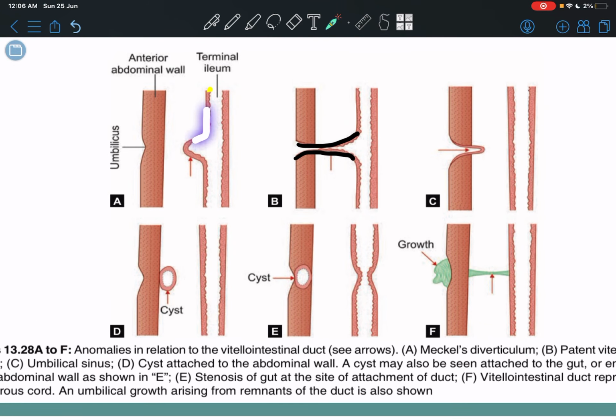It is a true diverticulum. In the sense that all the layers of the intestine are basically bending and forming this diverticula. First point is that it is a true diverticulum. What can happen is sometimes, because all of the growth is happening together, some anomaly can lead to the growth of pancreatic tissue or gastric mucosal tissue inside of this Meckel's diverticulum.